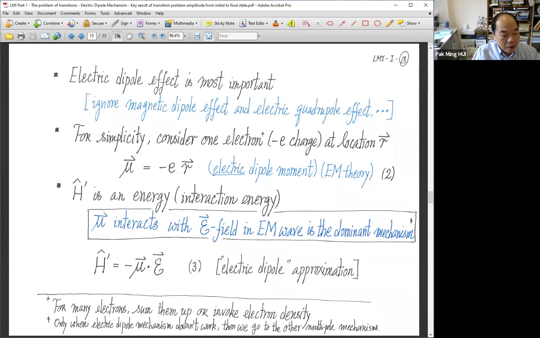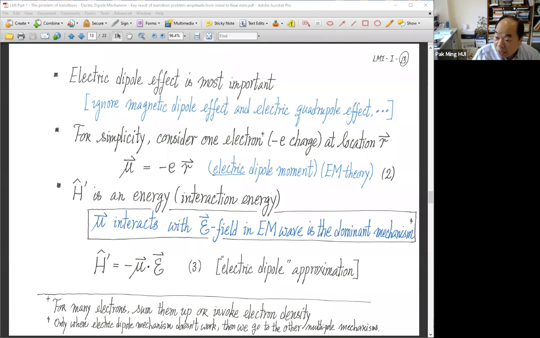Last time, we tried to emphasize that we are handling a new class of problems: time-dependent Hamiltonian problems. Why? Because when we handle light in a classical way, it is something like an E field oscillating in time.